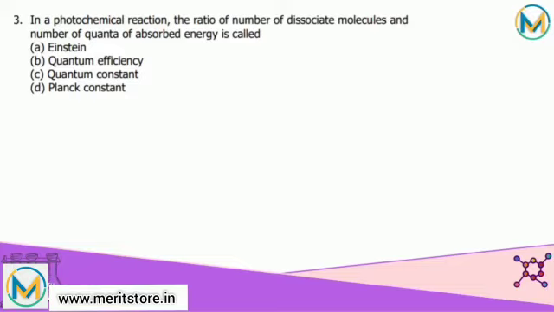So the ratio of the number of dissociated molecules and the number of quanta of energy absorbed is called quantum yield, and it is given by the symbol phi. So the correct answer for this question is option B, that is quantum yield or quantum efficiency.